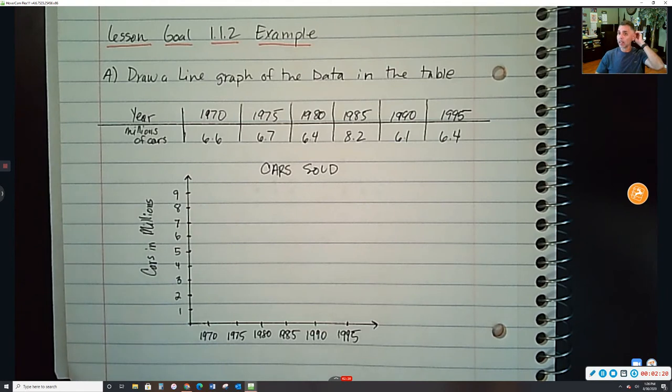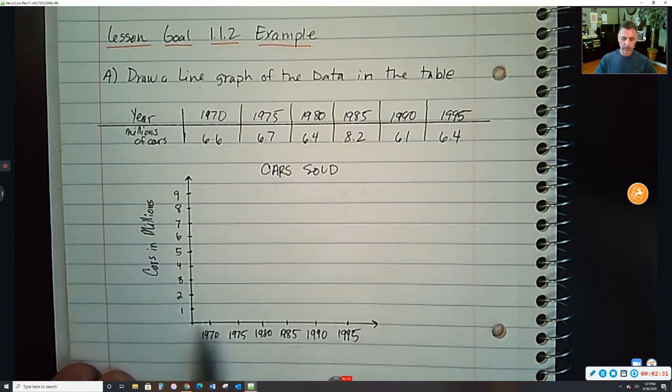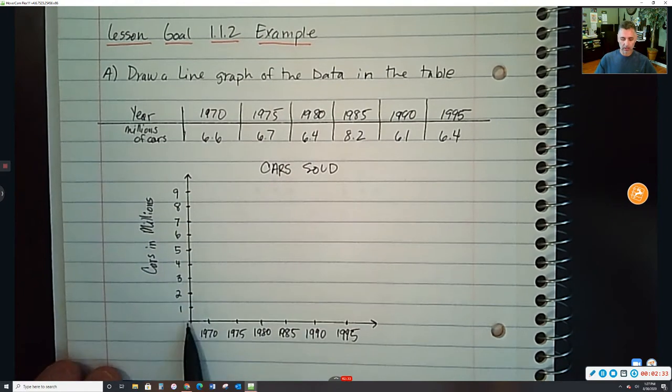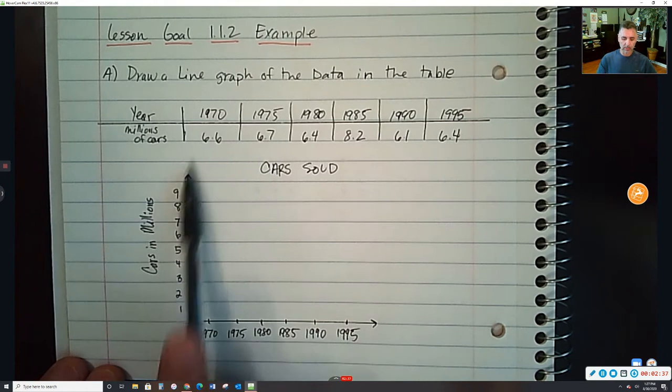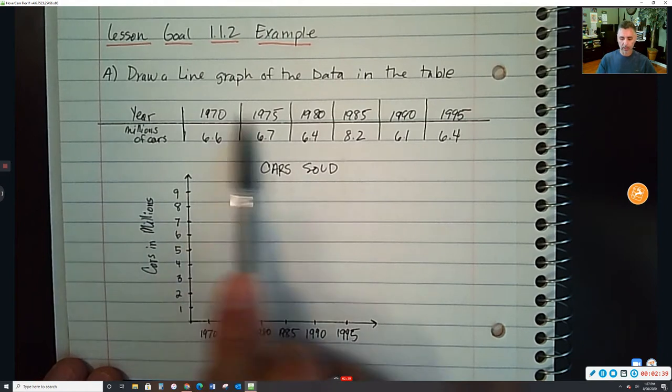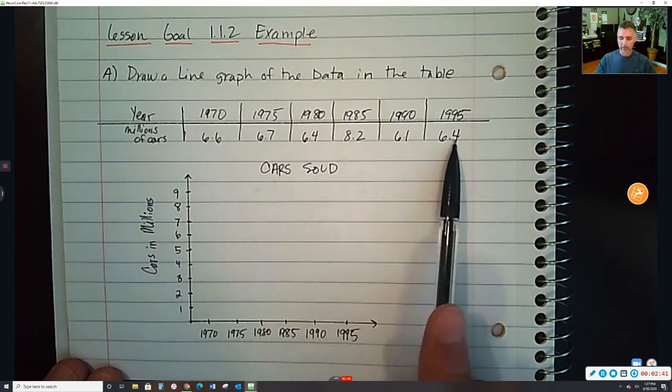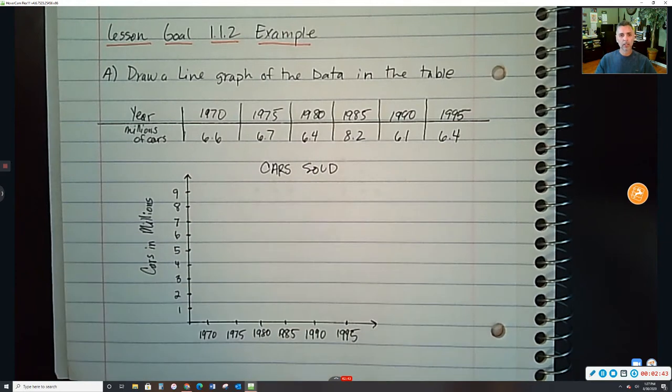In the examples that we have, most of them already have the axes drawn in like this. If they don't, just make sure it's long enough for all your points, or high enough for your values, and then put your numbers in here.